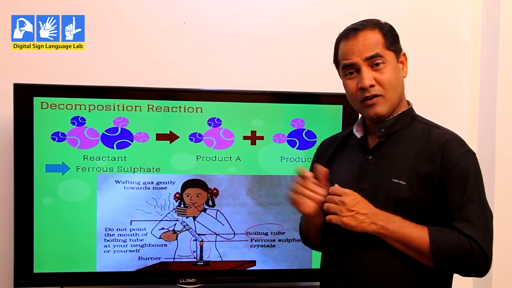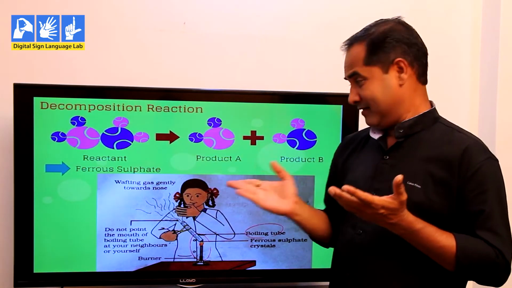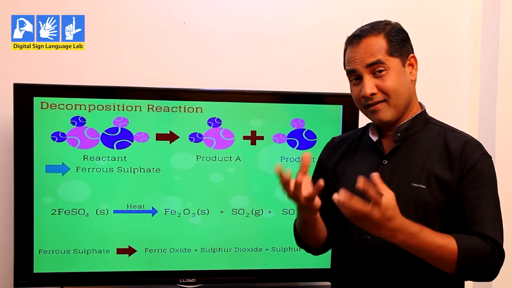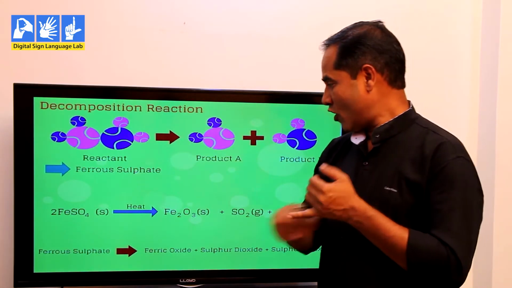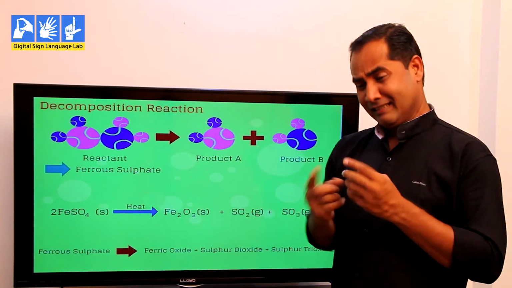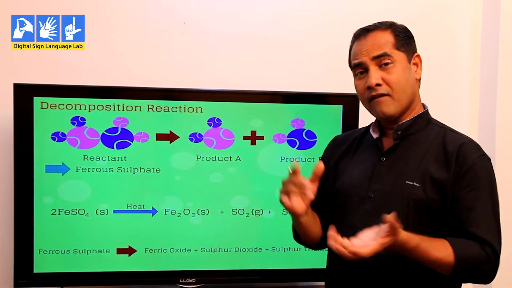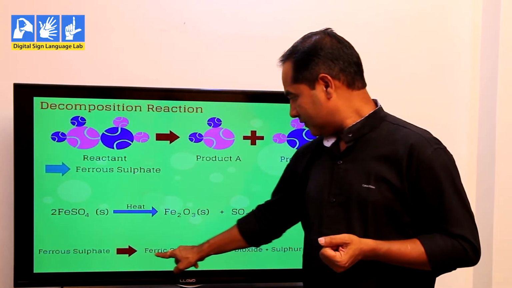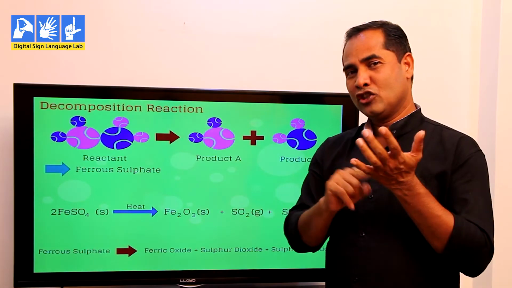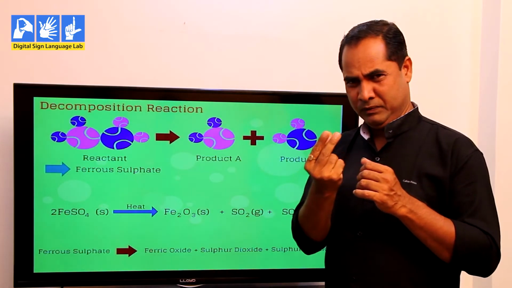Also, there is emission of certain gases. So the chemical reaction which is happening here: when we heat ferrous sulfate, we get ferric oxide.